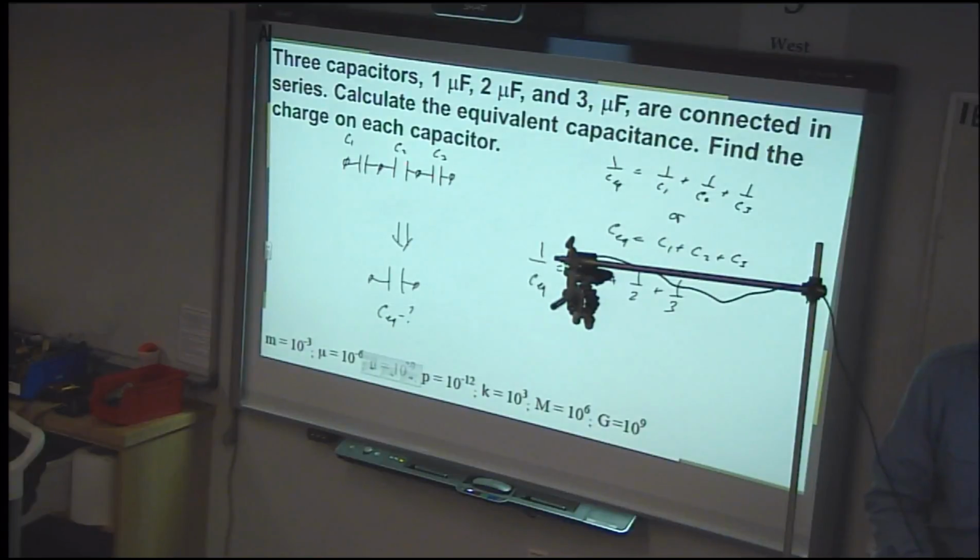What is a common mistake people might make in solving this problem? One over 1 is 1, 1 over 2 is 0.5, that's 1.5, 1 over 3 is 0.3, so it's about 1.8, right?